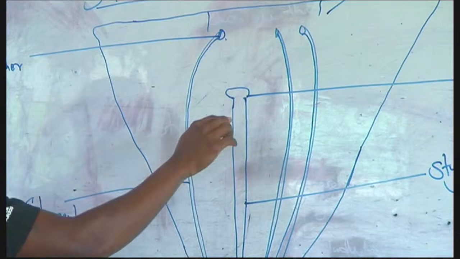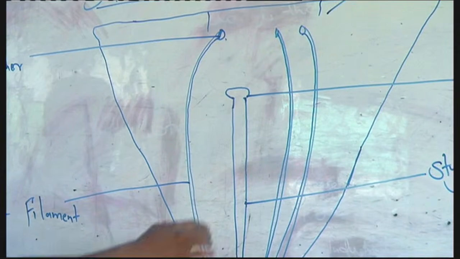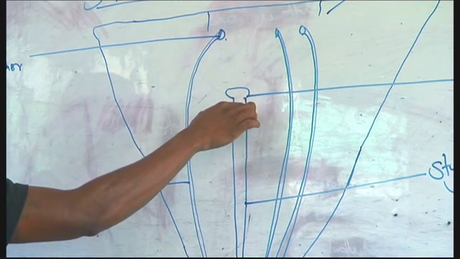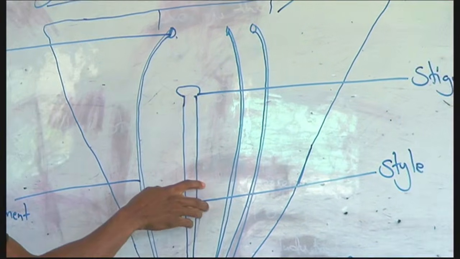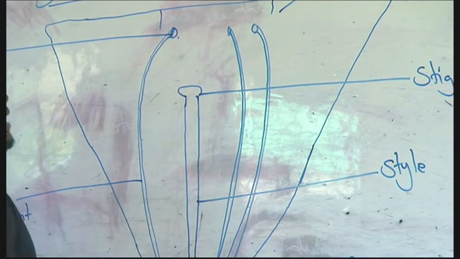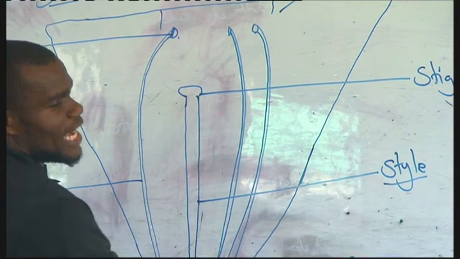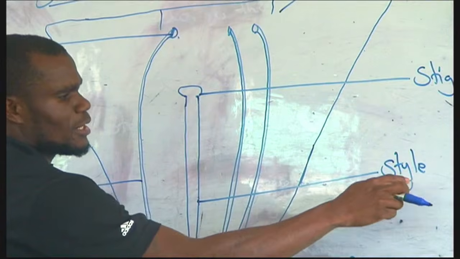They are also activated to germinate into a pollen tube. So as the pollen tube grows down, it gets nutrients secreted by the style cells. So the style provides nutrients during fertilization.